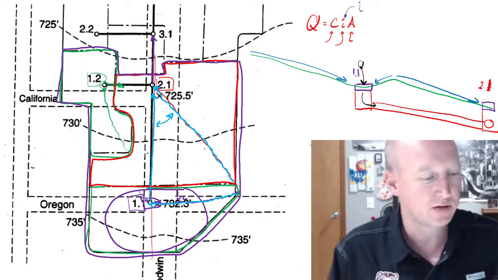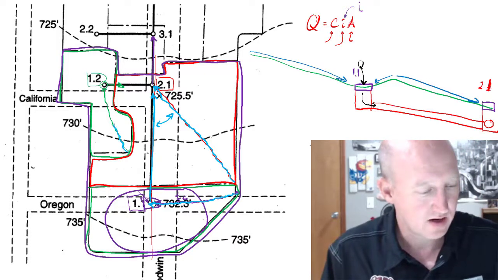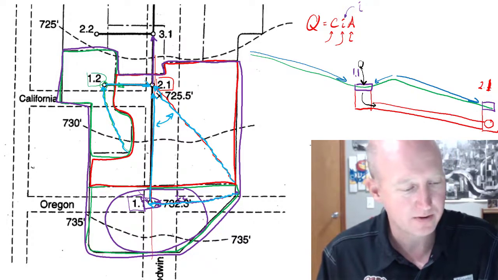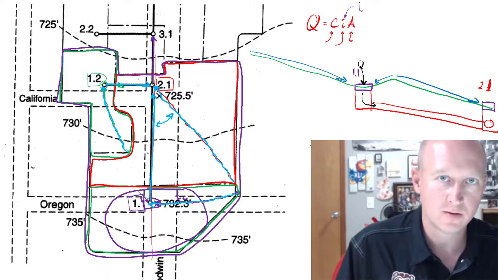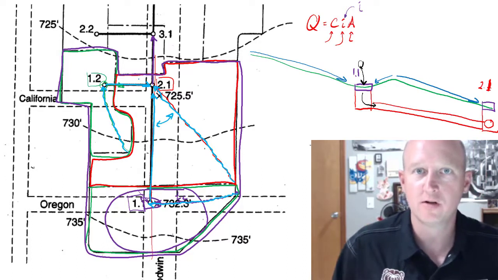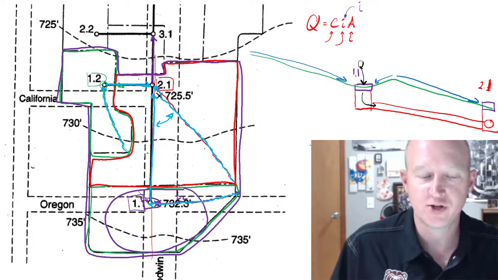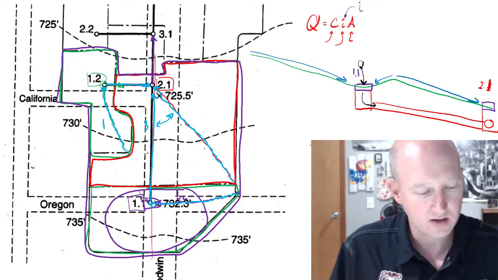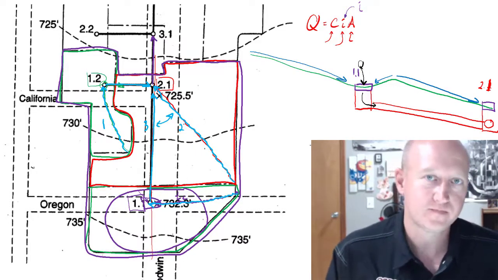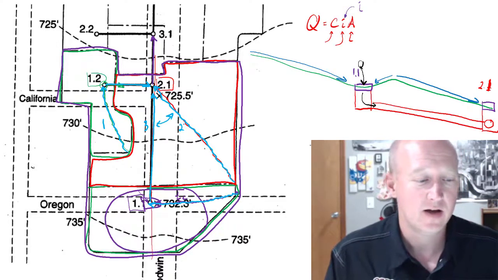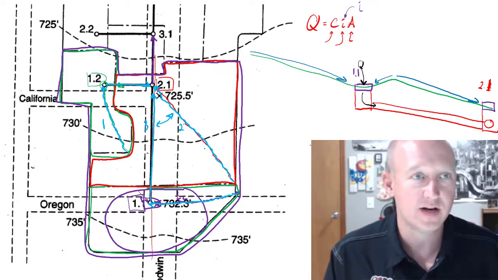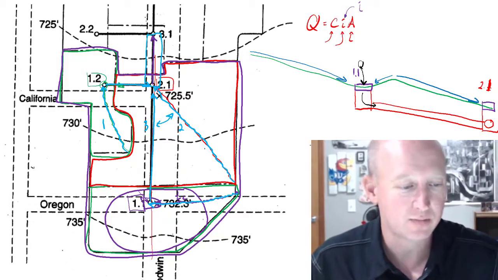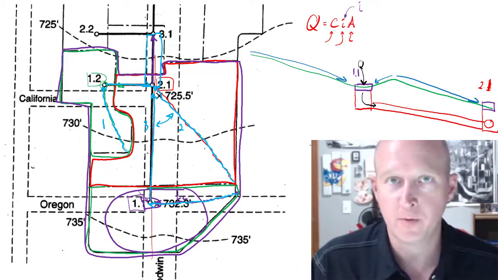There's one more possibility, and that's that area 1.2 plus its travel time through the pipe is the critical duration. So we're looking for the longest duration of these three possibilities, and we'll choose that, and that will correspond with the intensity for sizing this pipe that connects 2.1 and 3.1.